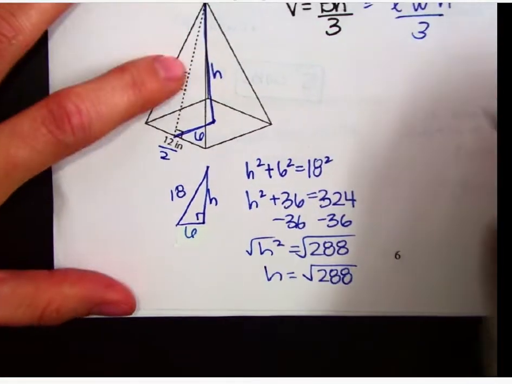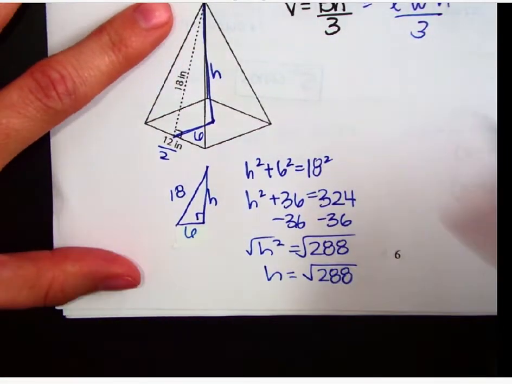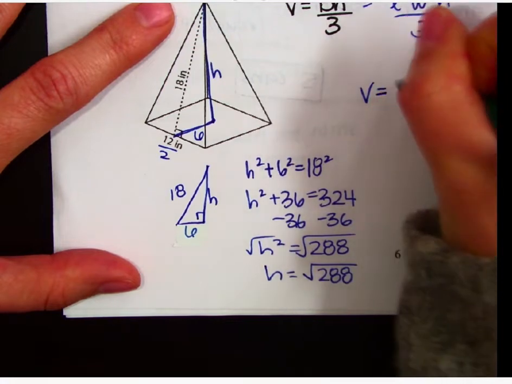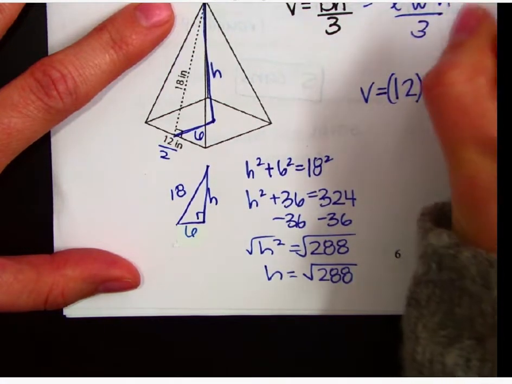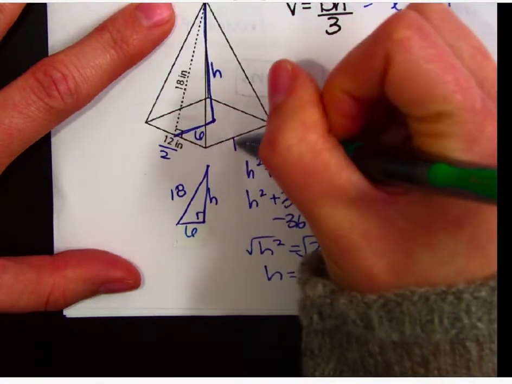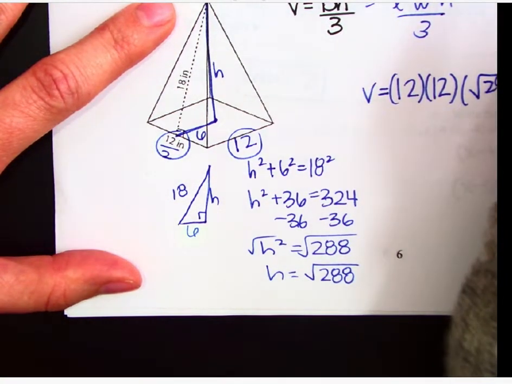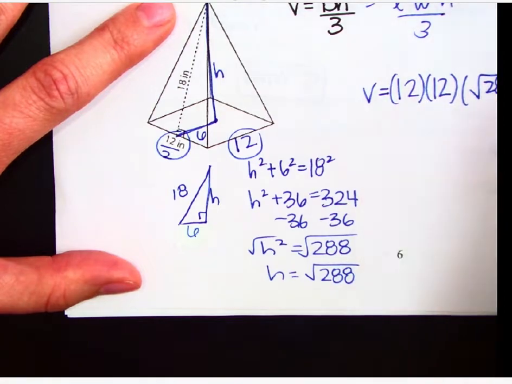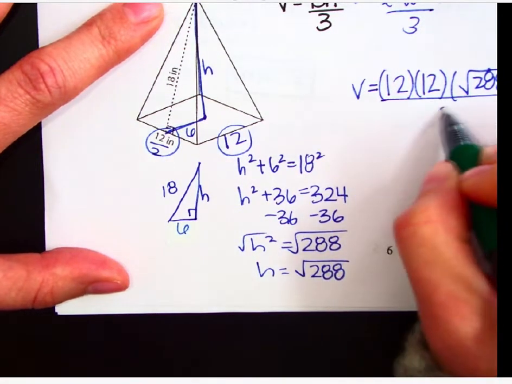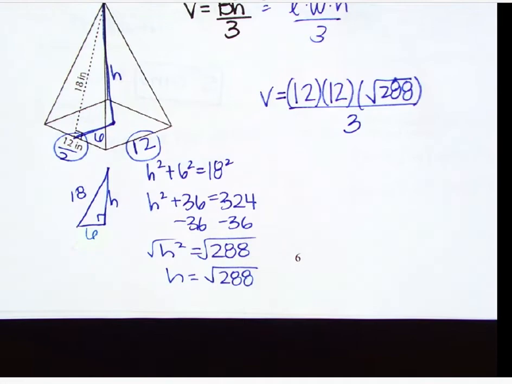So now that I know the actual height, I'm ready to write in the volume is 12 times 12 for the area of the base, or you can think of as length and width. Then we're going to multiply by that actual height I found, which is the square root of 288, and since it's the volume of the pyramid, we don't want to forget to divide by 3.